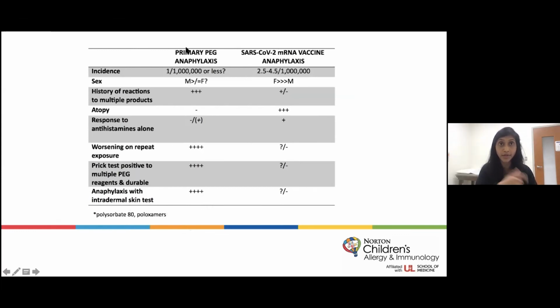In fact, the previous patient actually did go into anaphylaxis and we had to send him to the ED. Patients who have PEG anaphylaxis don't tend to be allergic patients, whereas in patients with COVID vaccine anaphylaxis, as you've seen in previous slides, they tend to have a history of atopy. But there's a lot, again, that we just don't know.